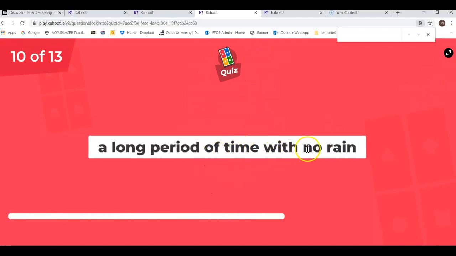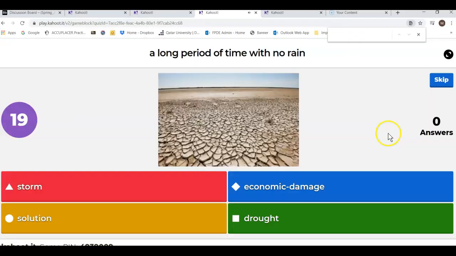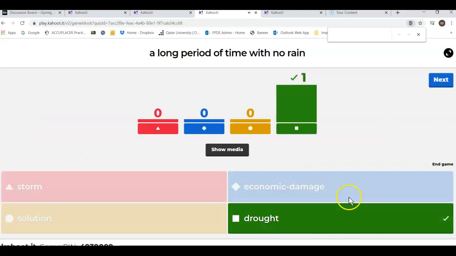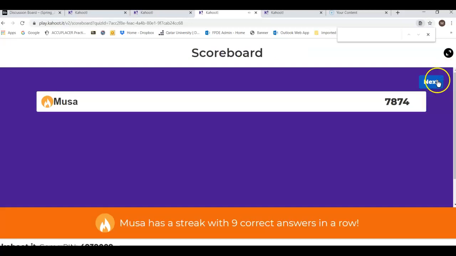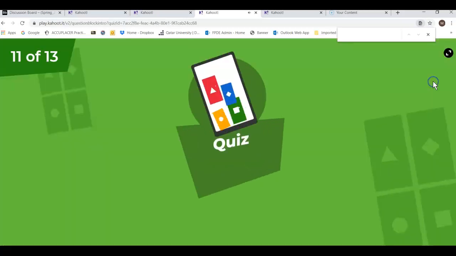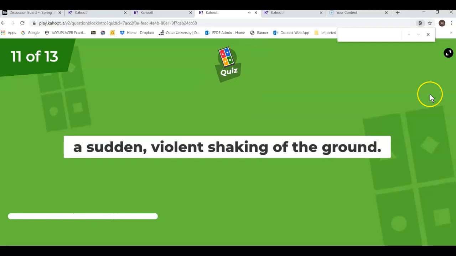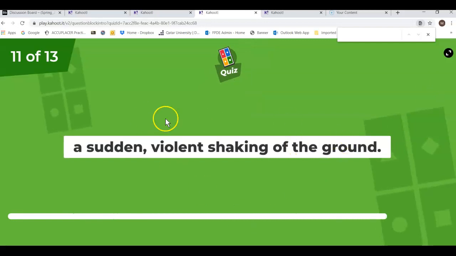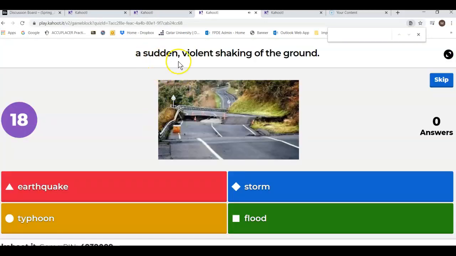Okay, next one. A long period of time with no rain. Like this. When it doesn't rain for a long time, we call this drought. D is silent. Drought, which means jafaf. A sudden, violent shaking of the ground.